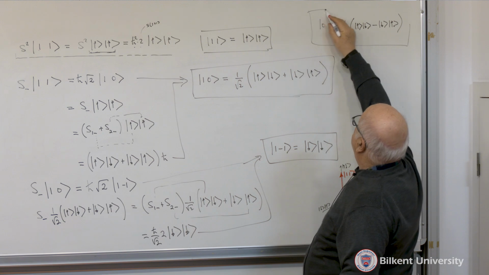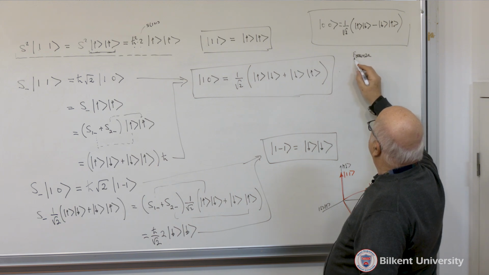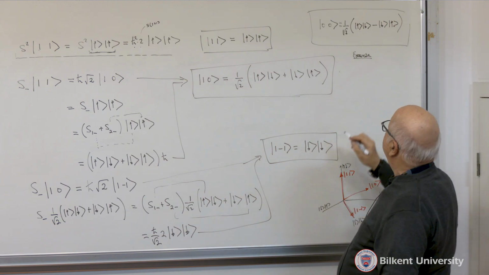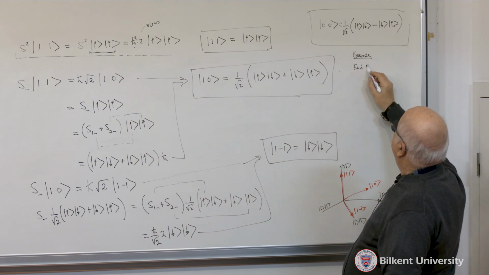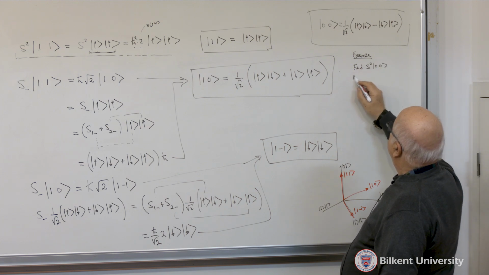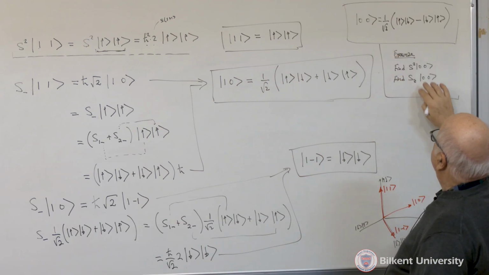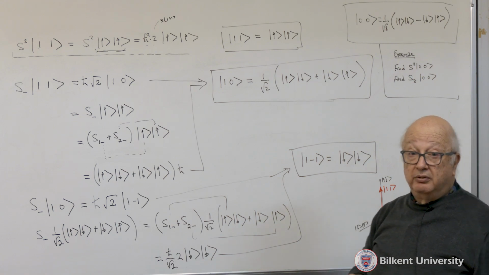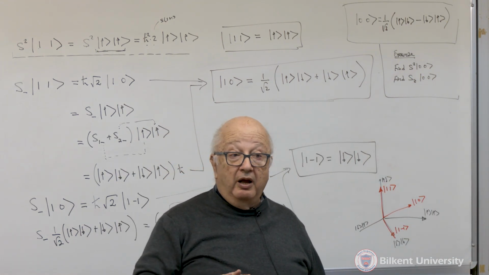And so, as an exercise, let me put exercise here. Maybe I'll convert this into a homework. Find S squared on 0, 0, and find Sz on 0, 0. Just verify that what I am saying is correct.